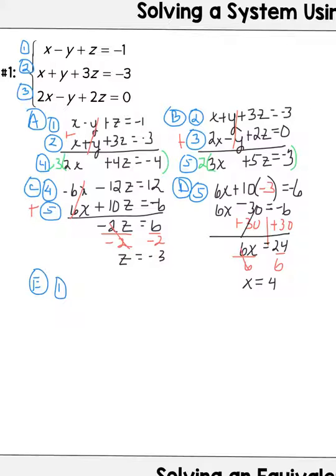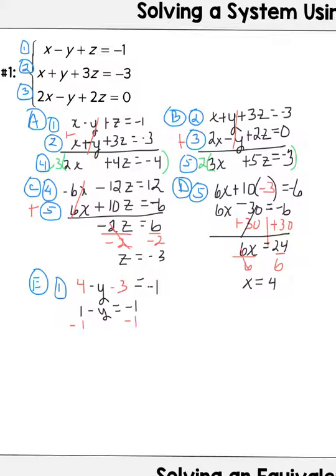So instead of x, I'm putting in a 4 minus y. And then instead of z, I'm putting in a minus 3 equals negative 1. So 4 minus 3 is 1 minus y equals a negative 1.